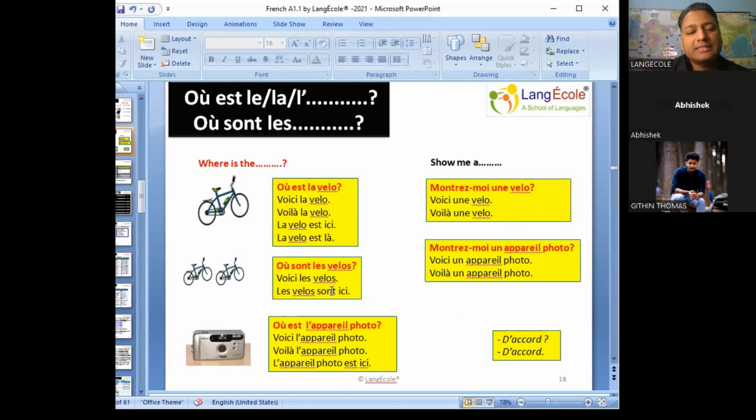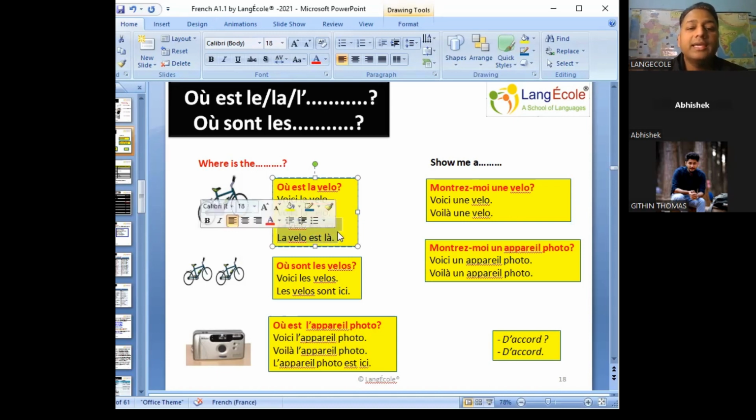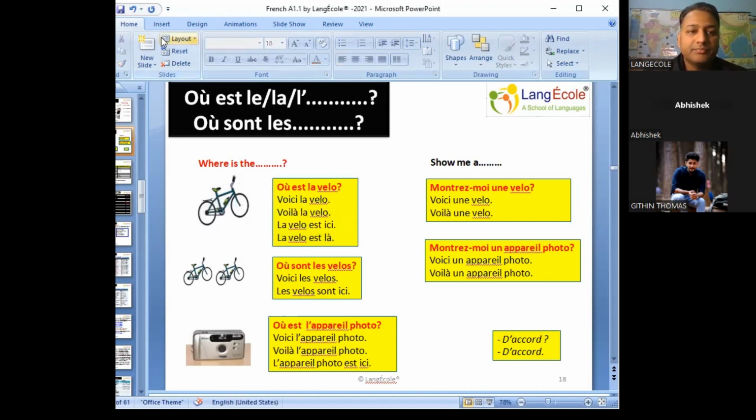Now I have put a sentence also, not using voici, the normal way. Les vélos sont ici, here. Or you can also put là if you want. Here I have put these 2 sentences, you see. Le vélo est ici. There is a liaison going there. Similarly, le vélo est là.